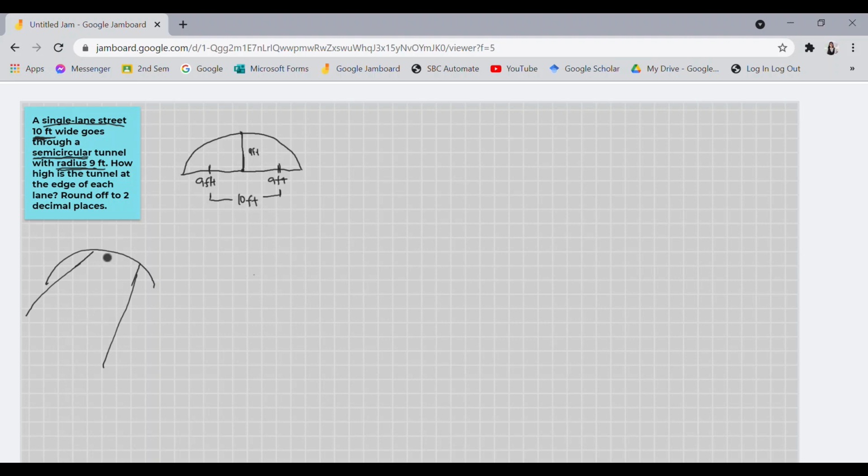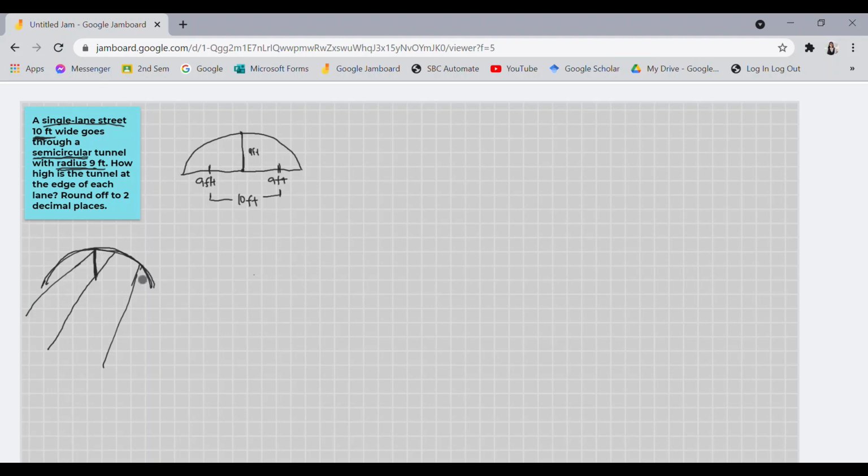The middle part of the lane should be in line with the middle part of the tunnel. As you can see in the figure, if the tunnel is 9 feet high in the middle, the middle part it hits is also the middle part of the single lane.